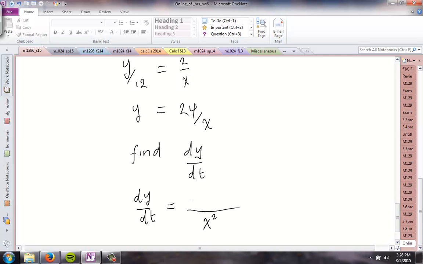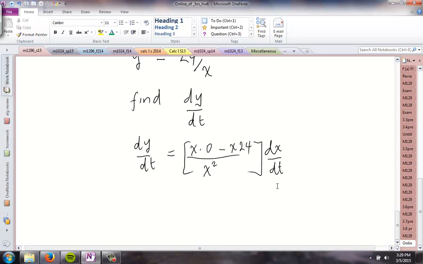That's x squared, x times 0 minus 24 times 1, all of that times dx/dt, right? Because I'm differentiating implicitly.